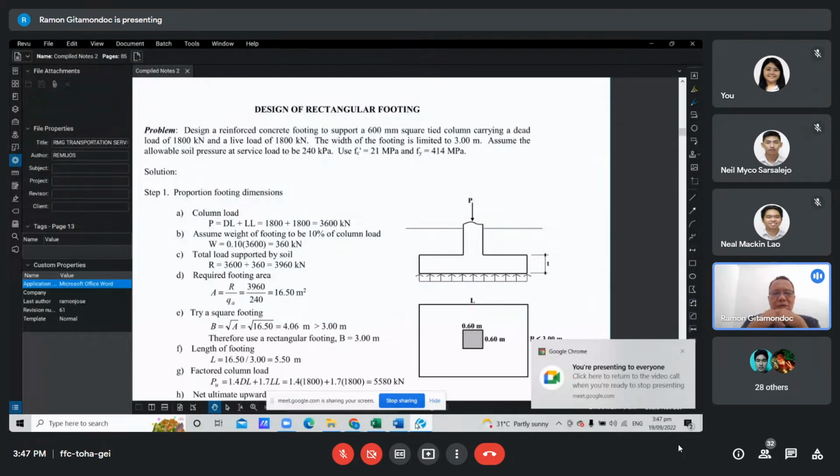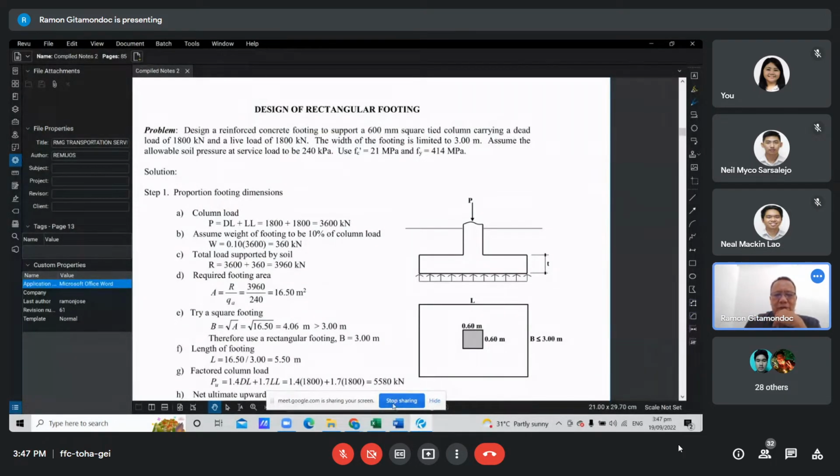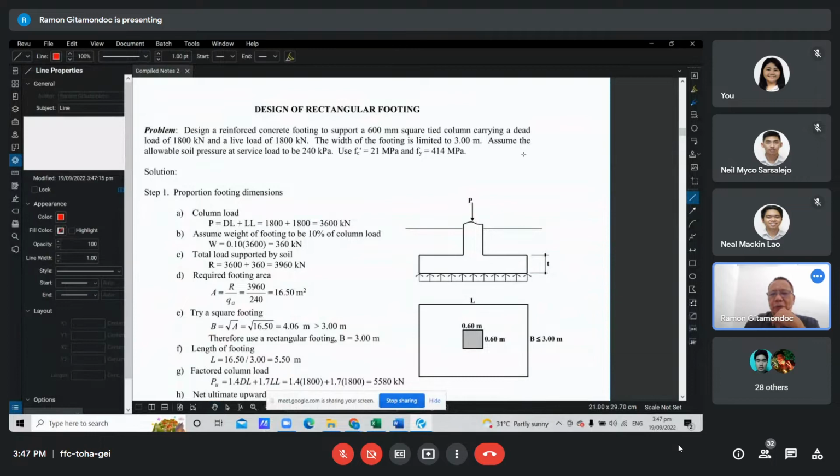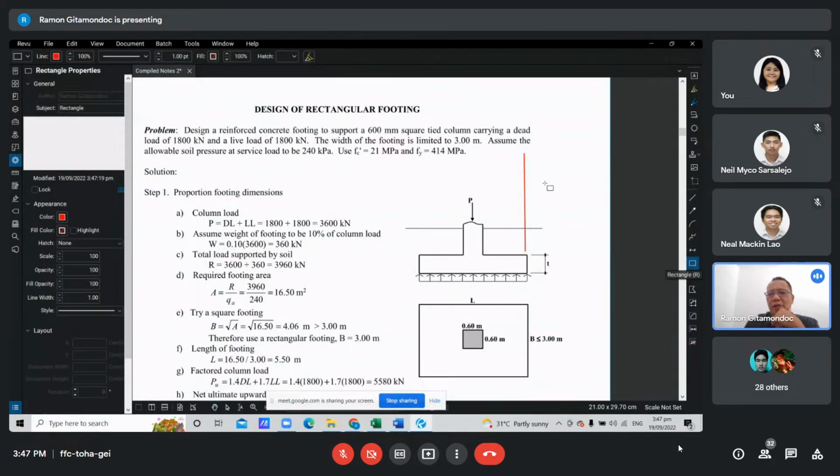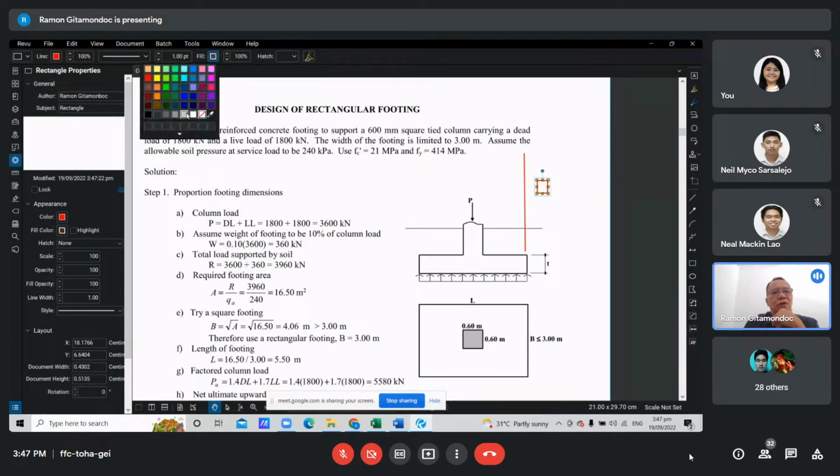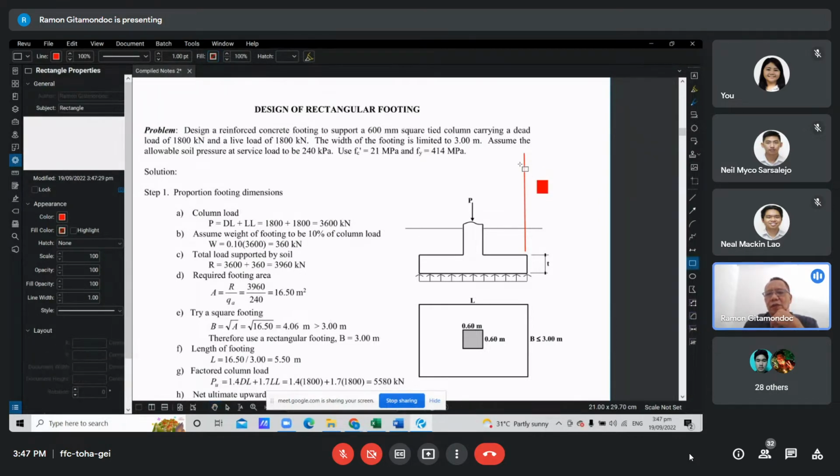So ano sa man ta mo gamit og rectangular footing? Now, sometimes when a footing is placed close to the property line, so for example, mo ni siya ang property line nga atong column, and if we use a square footing, gawas na siya sa property line, no?